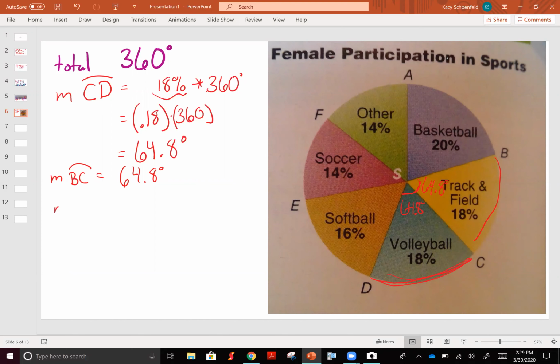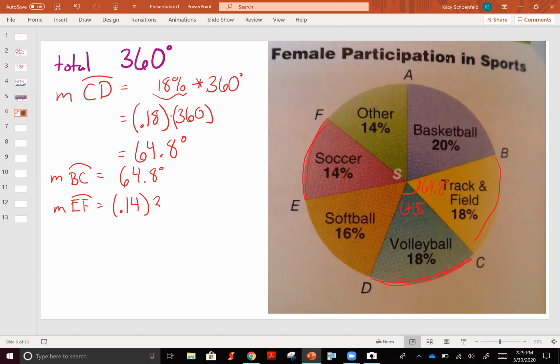If I needed to find another one, the measure of arc EF, we come over here and we find E and F. And we're like, hey, that's 14%, but we're going to change 14% to a decimal right away.